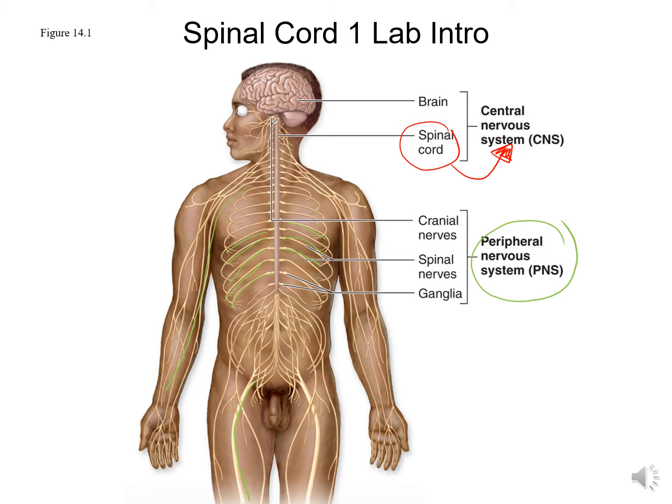What these peripheral nerves are doing is carrying sensory information, in other words, afferent information, towards the spinal cord and into the CNS, or in other cases they are carrying outgoing motor information, or in other words efferent information, out to muscles and other effectors. And so keep in mind that as we look at the spinal cord, we're going to see the interaction between peripheral nervous system structures and central nervous system structures.